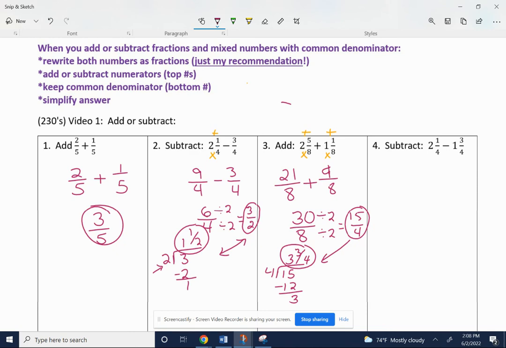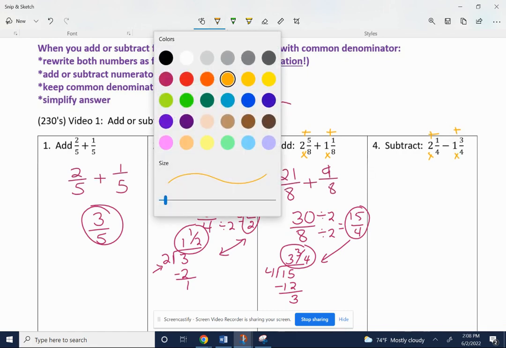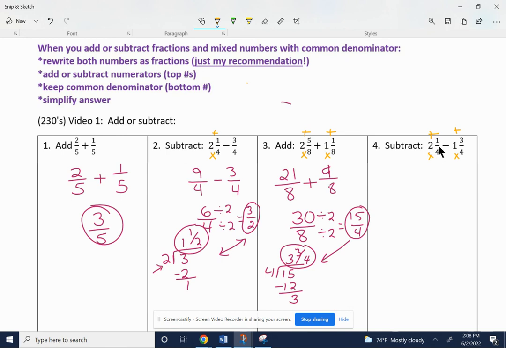The last problem. 2 1/4 minus 1 3/4. We're going to multiply 2 times 4, which is 8, add 1, which is 9. 9/4.